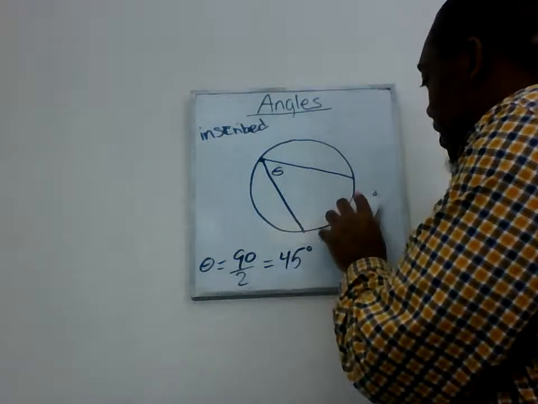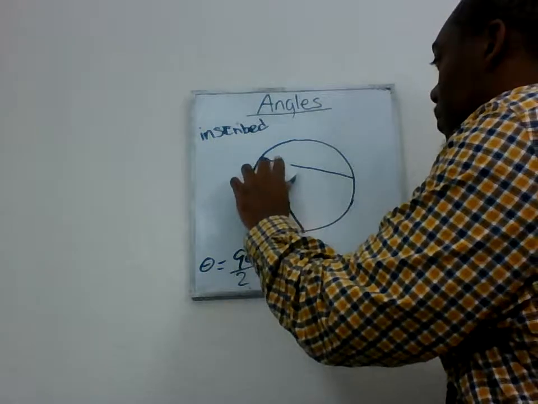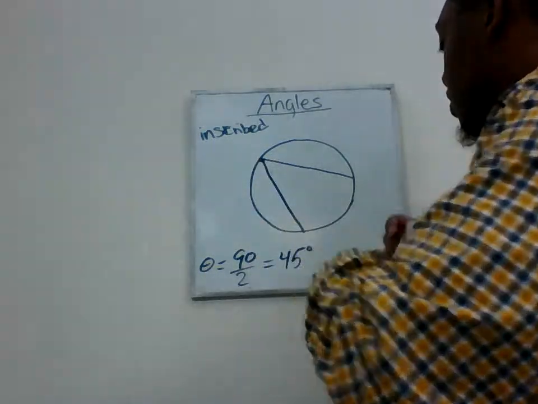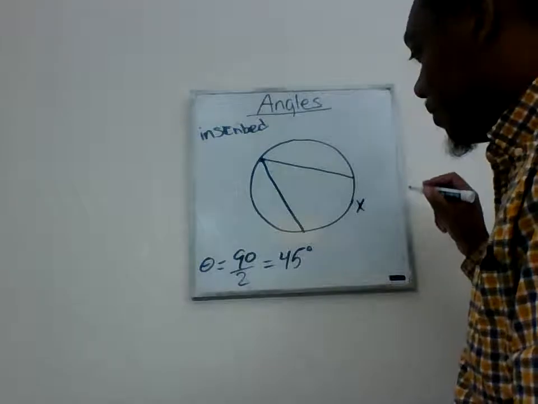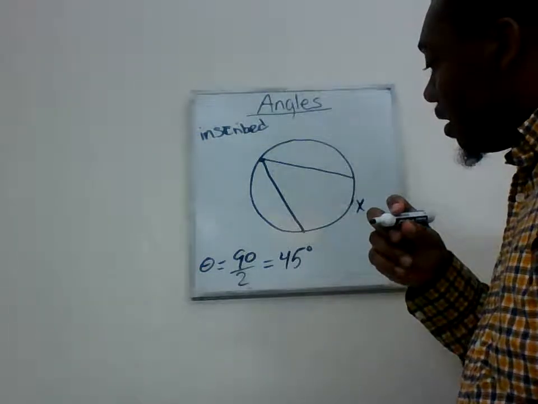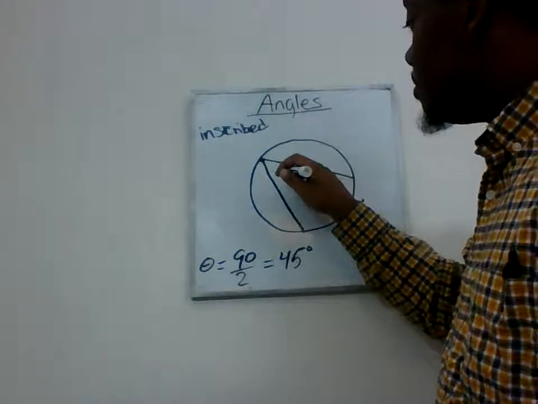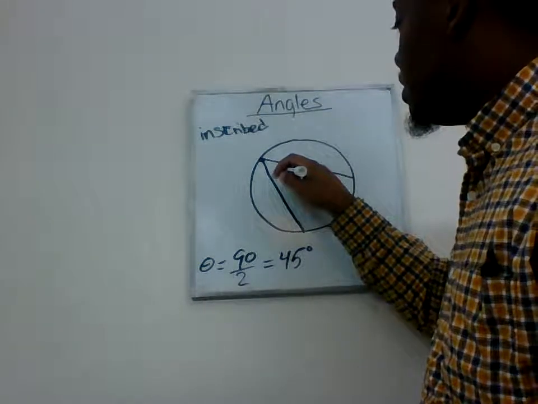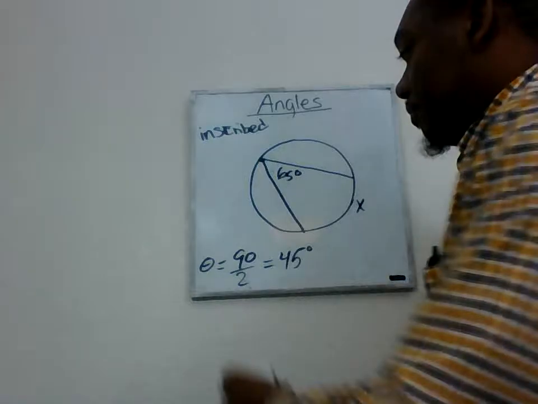Okay, let's look at a different example. This time I want to know what the measure of this arc is here. I know the angle measurement is, let's just say the angle is 65 degrees.